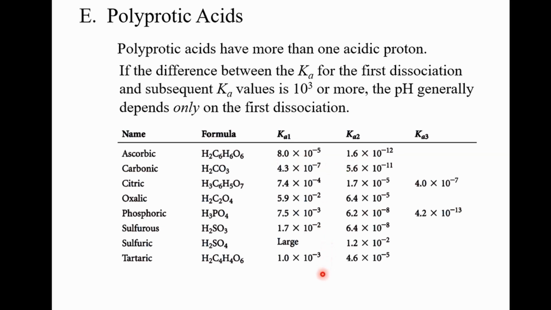Let me see if we can find one. What about tartaric acid? I think tartaric acid might be an equilibrium problem beyond the scope of this course, because the difference here is only, I'm getting 10 to the second difference, not 10 to the third. So basically, you subtract them from each other.